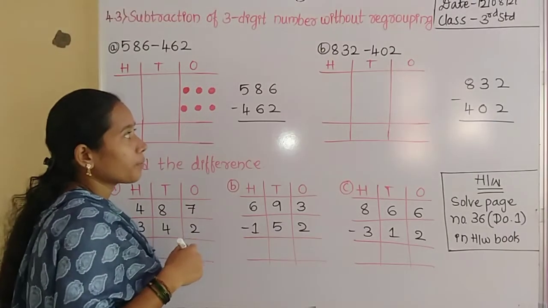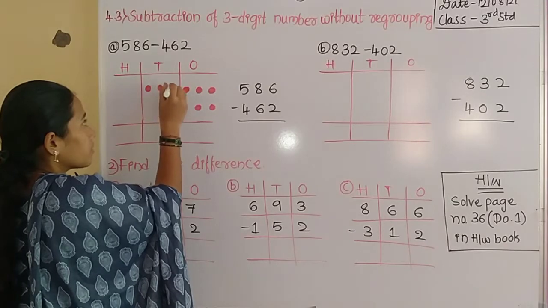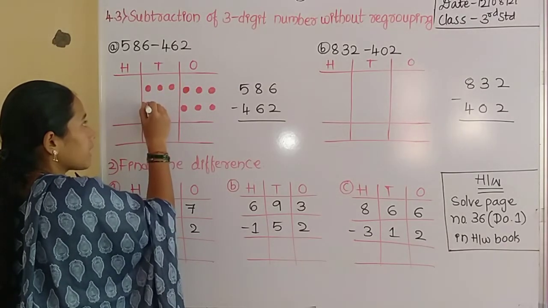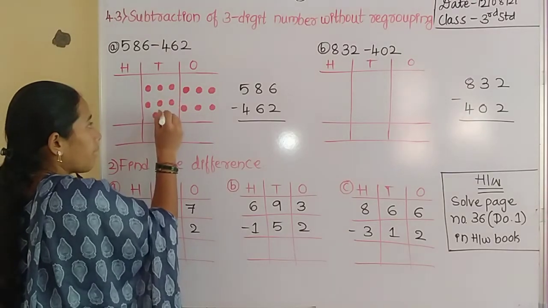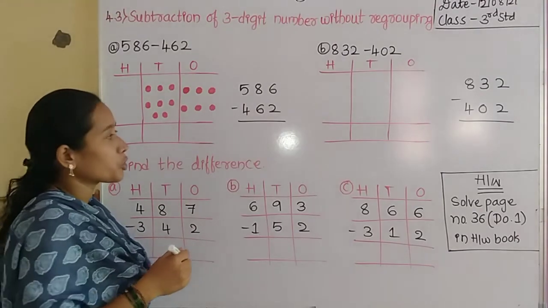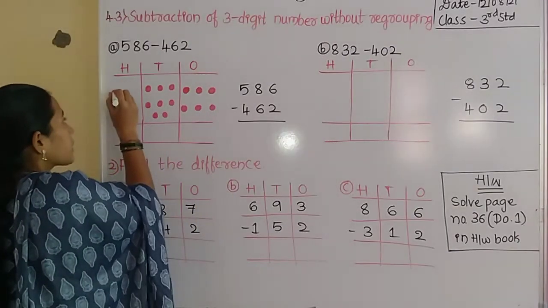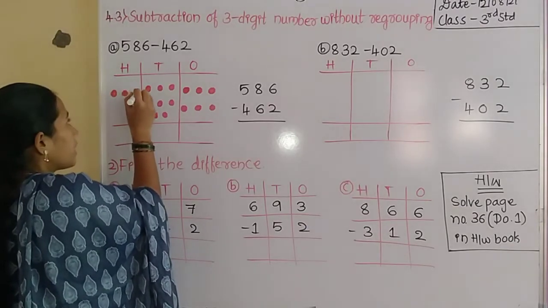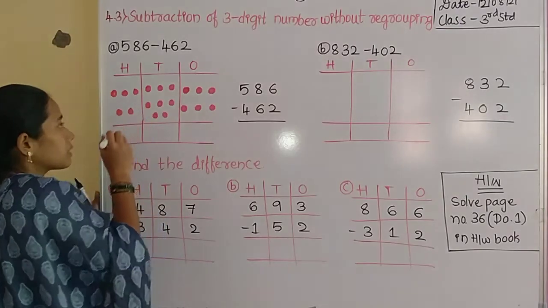The tens position number is 8, so draw 8 dots in the tens position according to the minuend. The last one is the hundreds position. The hundreds position number is 5, so draw 5 dots in the hundreds position. Okay, so that is the process.